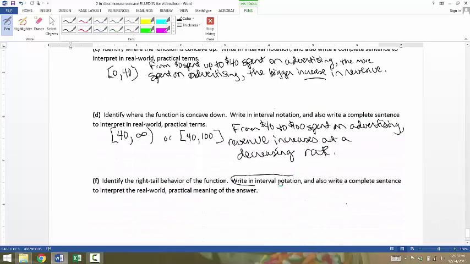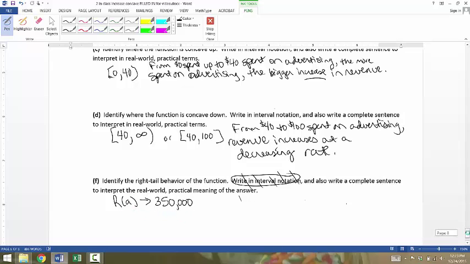It says right in interval notation, but that's a typo. So we'd say on the right tail, the R of A value is approaching 350,000. It's saying as the advertising dollars spent get higher and higher, the revenue is approaching $350,000.